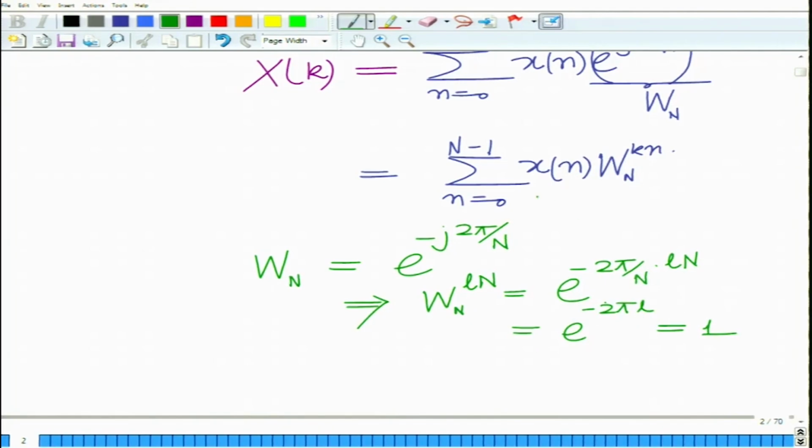Okay. So this is in fact one of the roots of unity. So W_N is e raised to minus j 2 pi over N, and the DFT coefficient X[k] is summation n equal to 0 to N minus 1 x[n] W_N raised to the power k n. Okay. So that gives an expression for the DFT coefficient X[k].